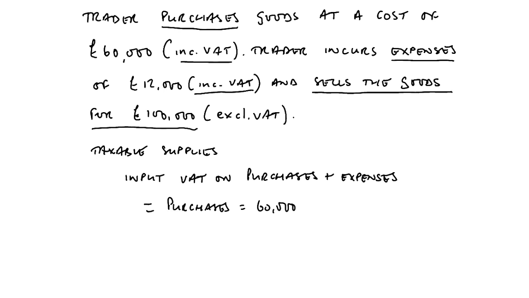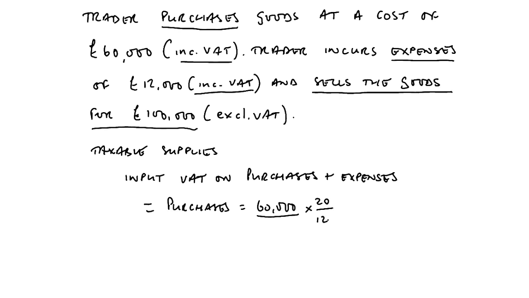So if we're going to calculate VAT on a VAT inclusive figure, how do we calculate the VAT on that figure of £60,000? We do not take 20%. 20% was the figure charged on the VAT exclusive figure. This is now 120% of that figure, and we want 21/20ths of that figure.